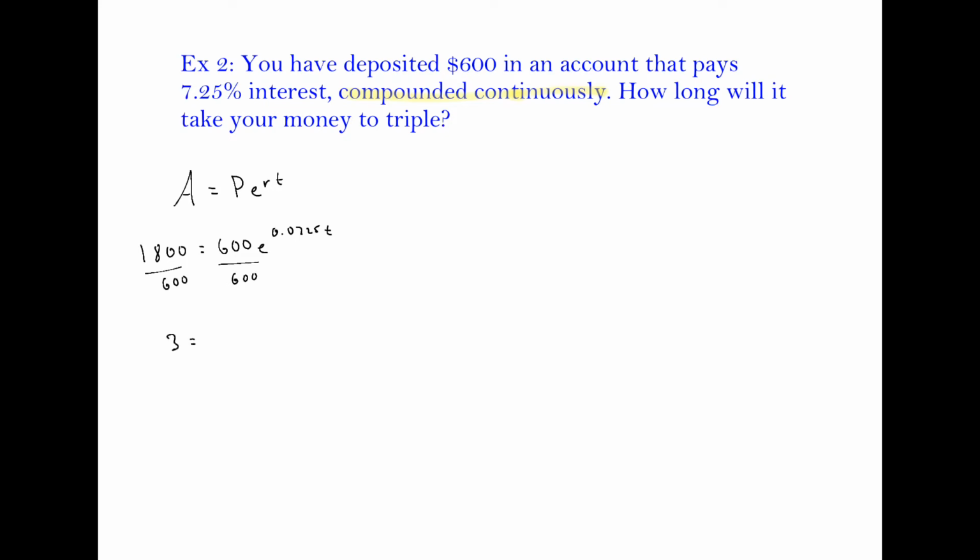That'll give us 3 is equal to e raised to the 0.0725t. Since it's base e, we'll use natural log.